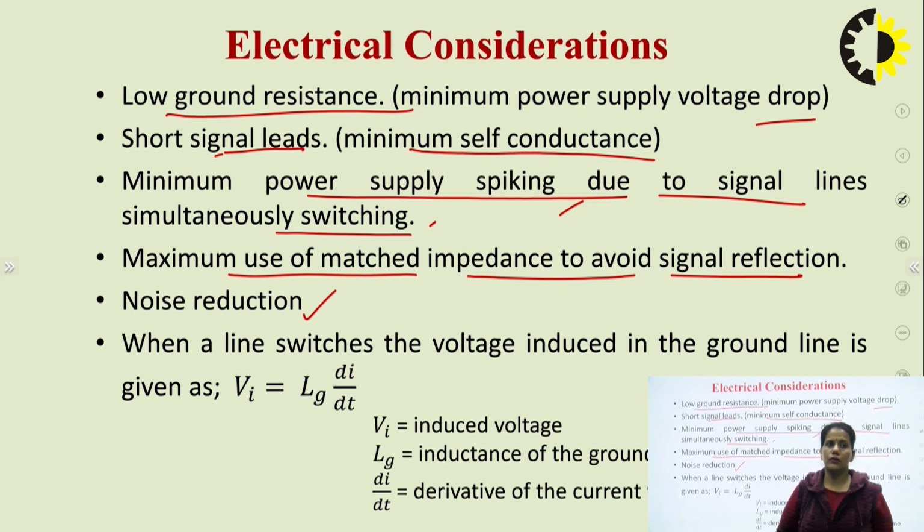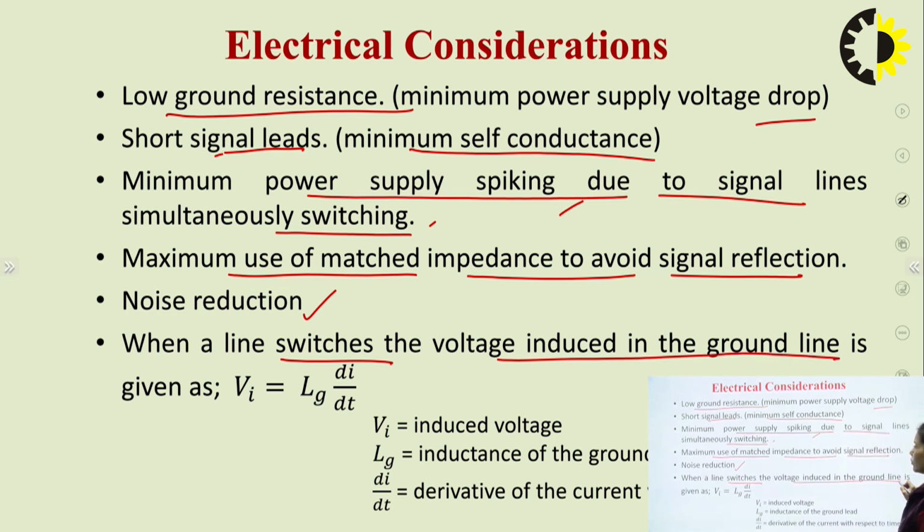Another, the proper noise reduction techniques should be applied. What is meant by the noise? Let's understand that when a line switches, the voltage induced in the ground line is given as Vi is equal to Lg di by dt, where Vi is the induced voltage and Lg is what? Lg is inductance of the ground lead.